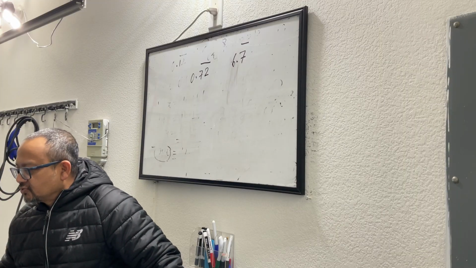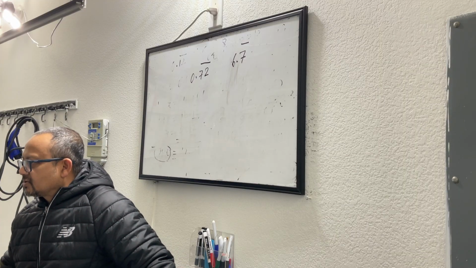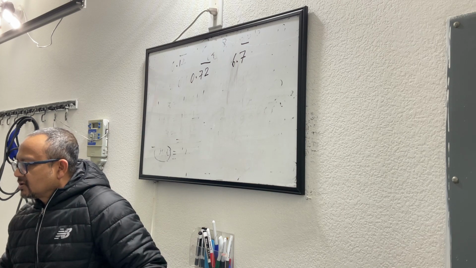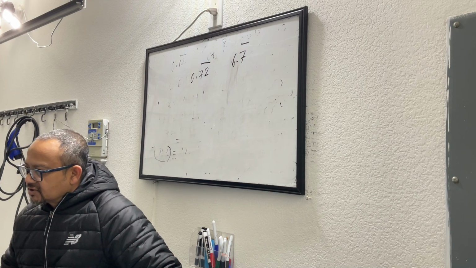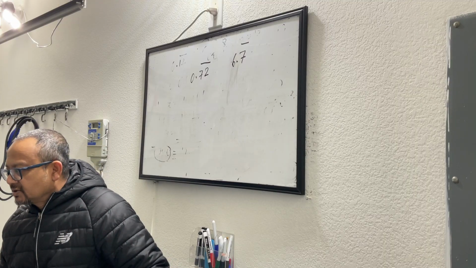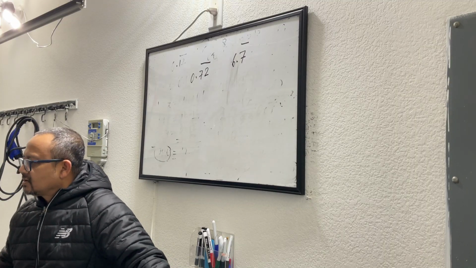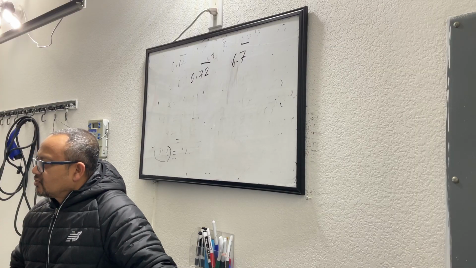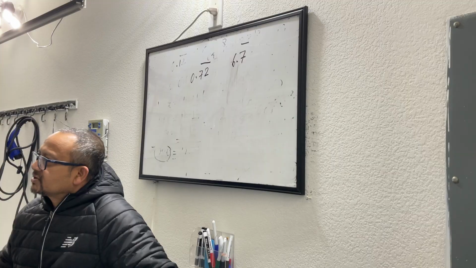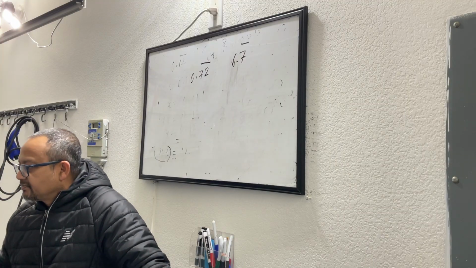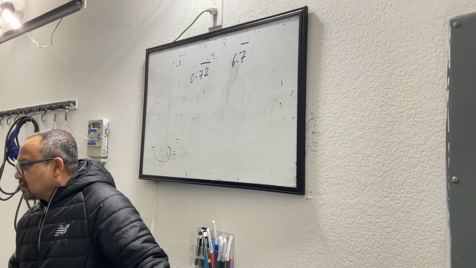Okay. How about Kiru? I got 8 over 11 for the first one, and I got 6 and 7 over 9 for the second one. 6 and 7 over 9, that is 9 times 6 is 54 plus 7, 61 over 9, yeah, okay.